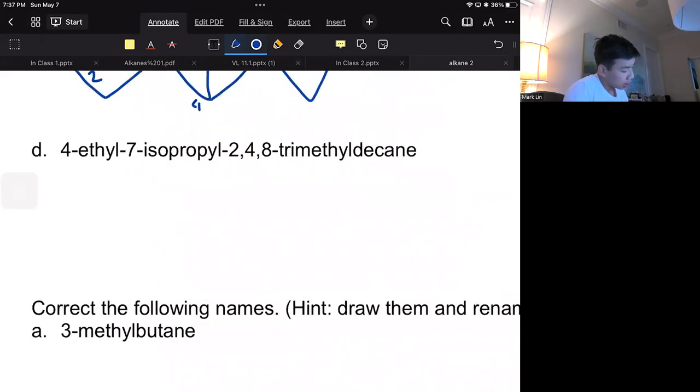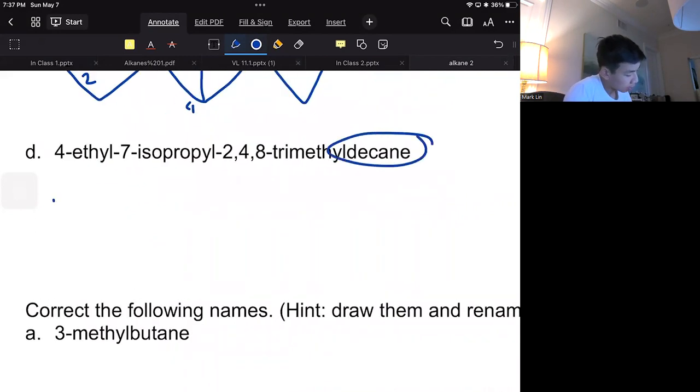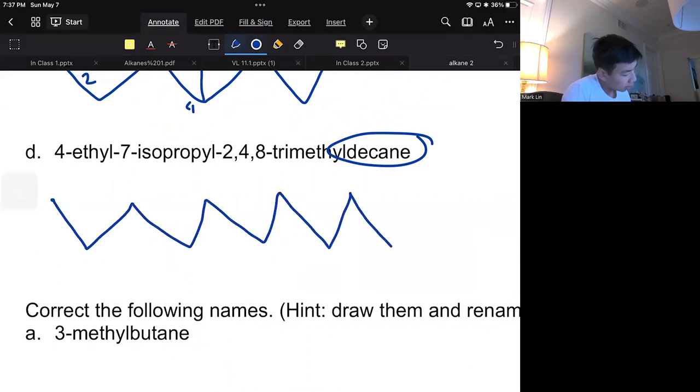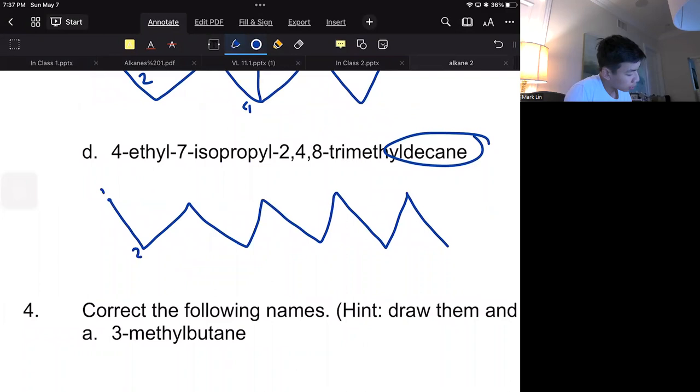D. Decane is the base. So it's going to be 1, 2, 3, 4, 5, 6, 7, 8, 9, 10. 4-ethyl. 1, 2, 3, 4. Ethyl is 2. Then 5, 6, 7. Right here, isopropyl.